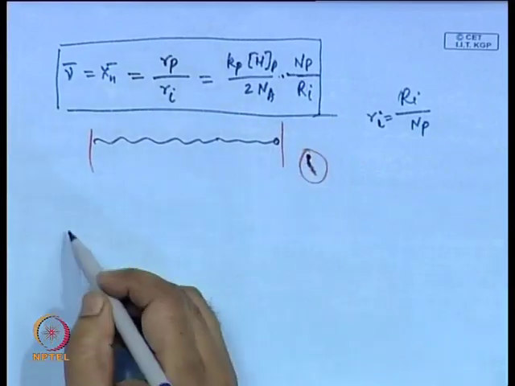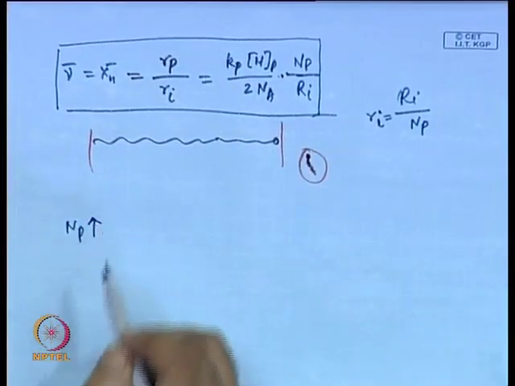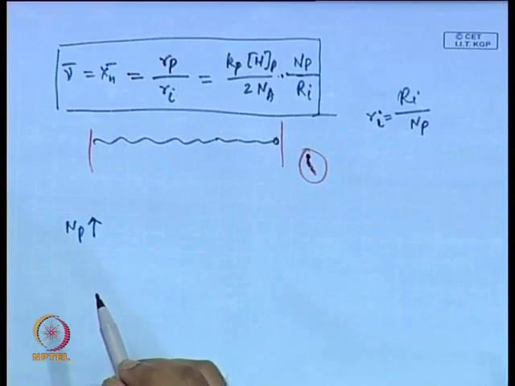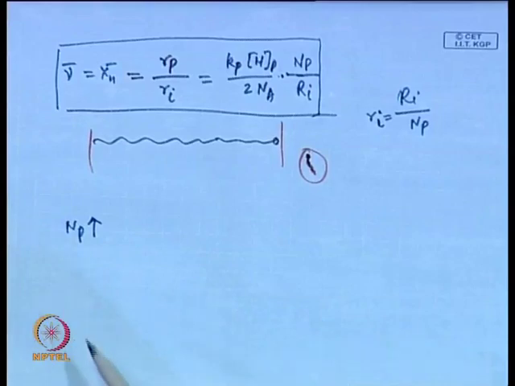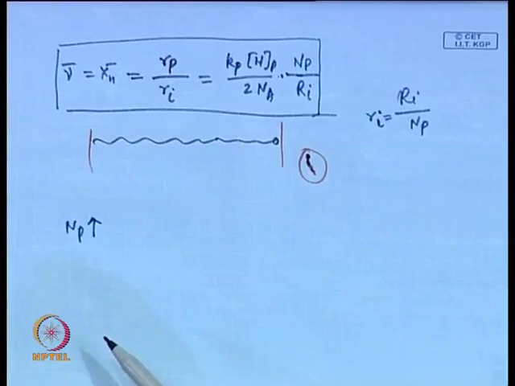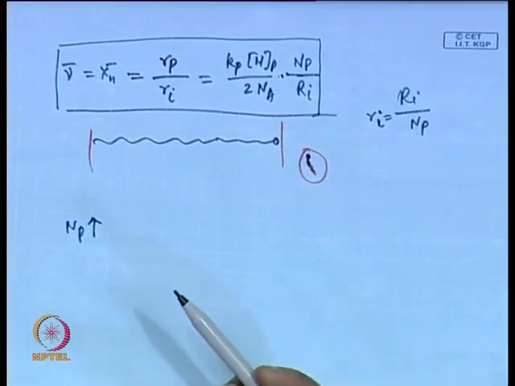So, with a single handle, by just increasing N_p, you can now increase the molecular weight of the polymer, and at the same time you can increase the polymerization rate, which did not happen in the earlier case, where if you increase the initiation rate, the polymer molecular weight comes down, although the polymerization rate goes up.